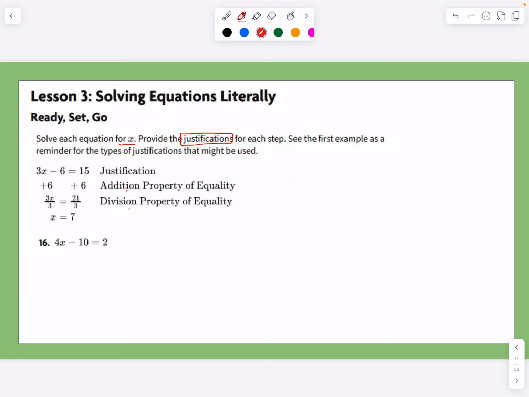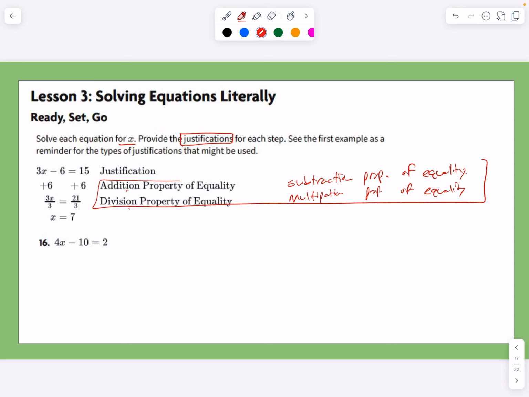There's also going to be the subtraction property of equality, and we're also going to have the multiplication, perhaps. And I think those are the only ones you have to use today. So these 4 terms, they want you to essentially list as you're solving each step.